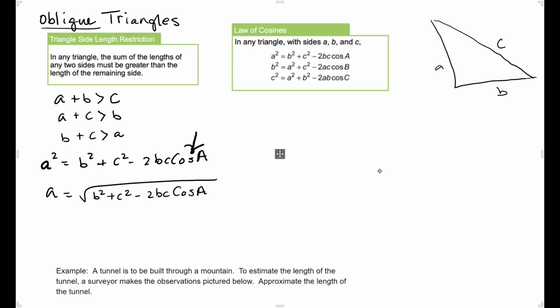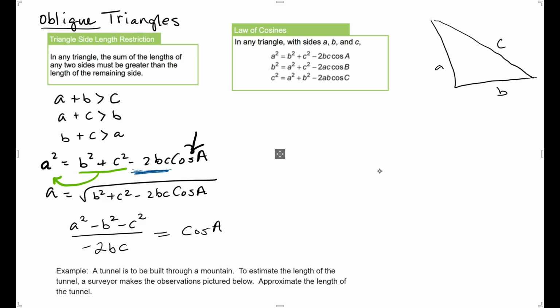So I'm going to move these two over to this side in this manipulation of the formula: A squared minus B squared minus C squared. Now I'm going to divide by negative 2BC, and that will equal my cosine of A.